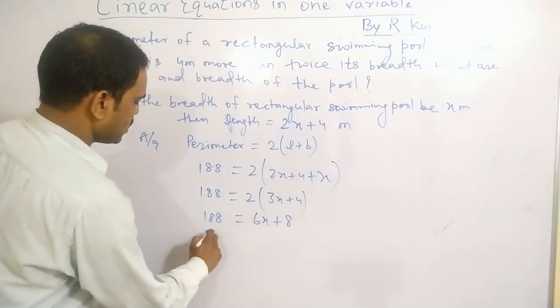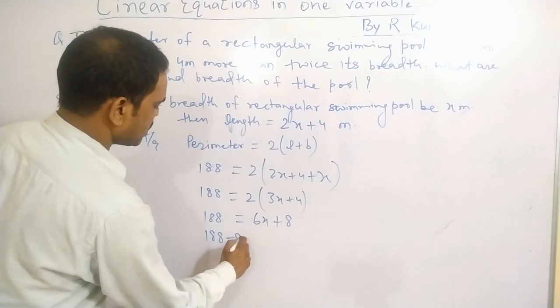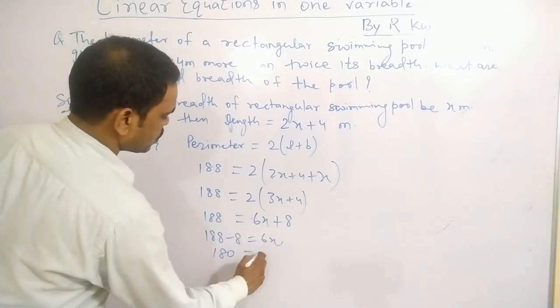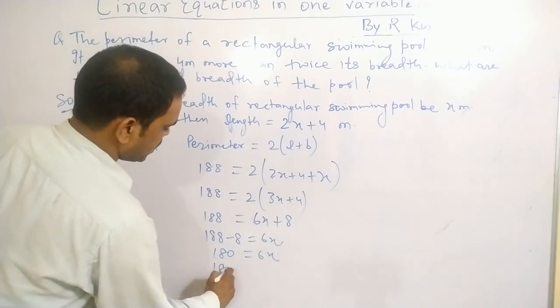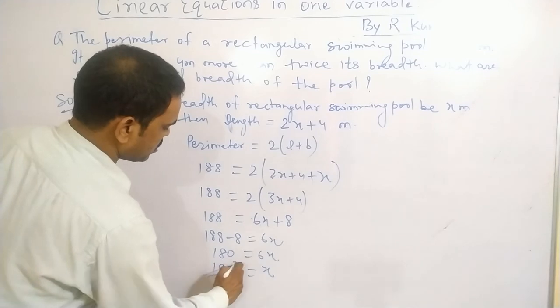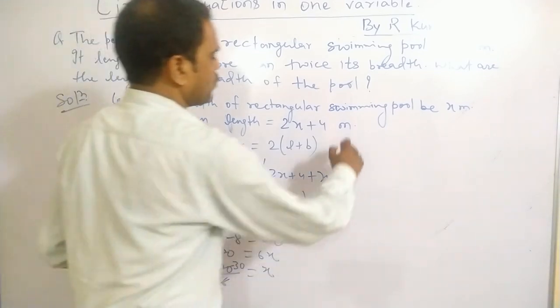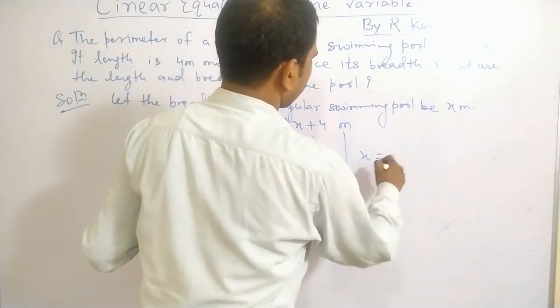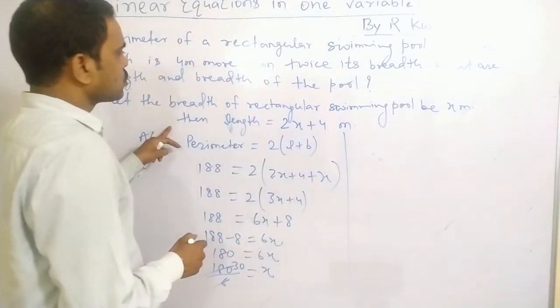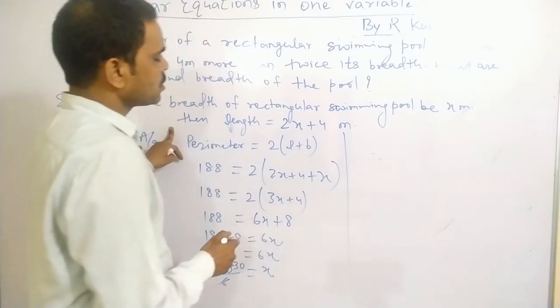Shift to this side: 188 minus 8 equals 6x. 180 equals 6x, and 180 by 6 equals x. So 6 threes are 18, 30 is coming. So the value for x you are getting is 30. You have to solve for length and breadth.